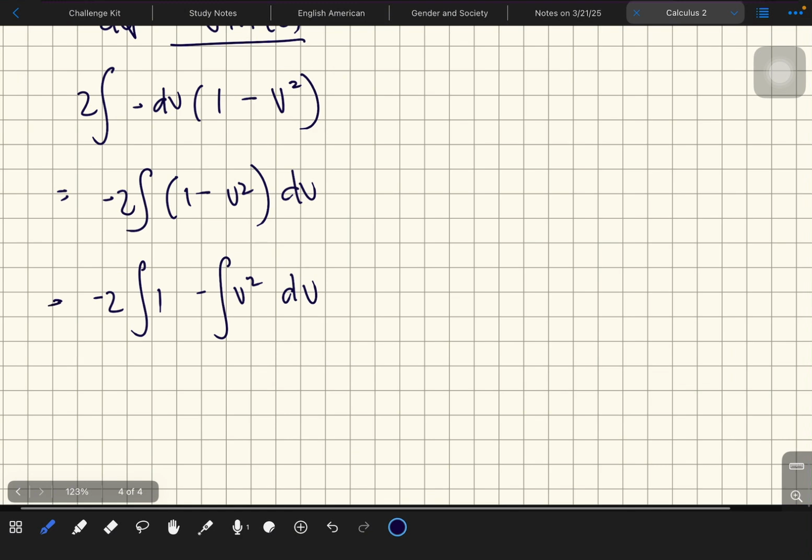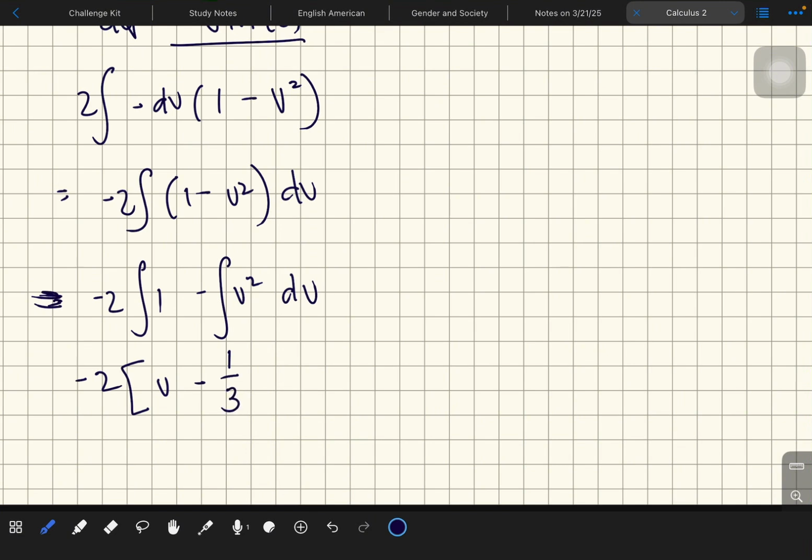So it will become negative 2 times v minus 1/3 v cubed plus c.